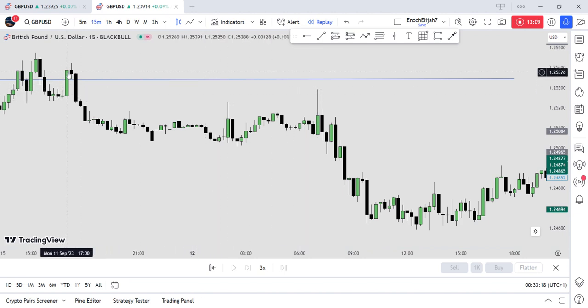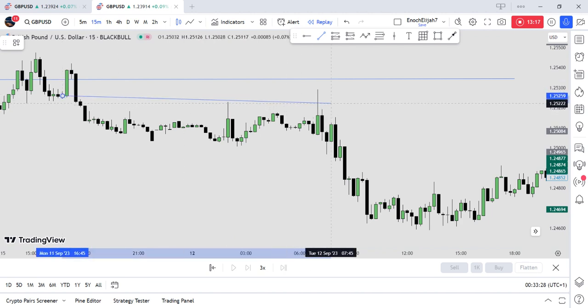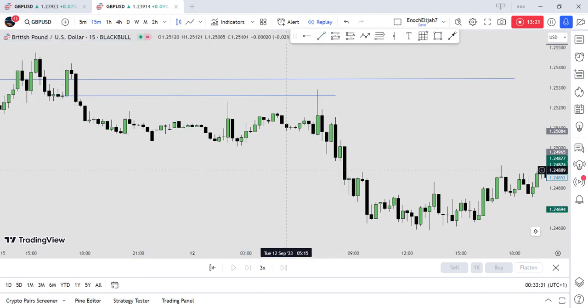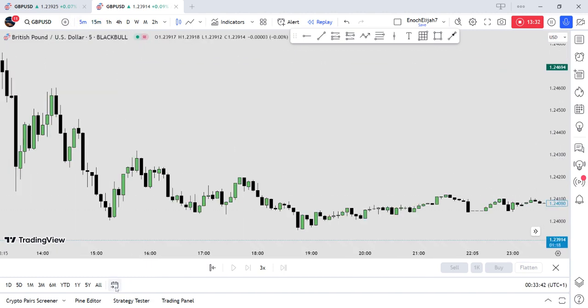We visit this bullish or bearish order block plus bearish imbalance right here. It respected it. Now, some sort of market structure shift happened here, but it's not clean and clear enough. So I go to 5 minute time frame to see clearly into that place.